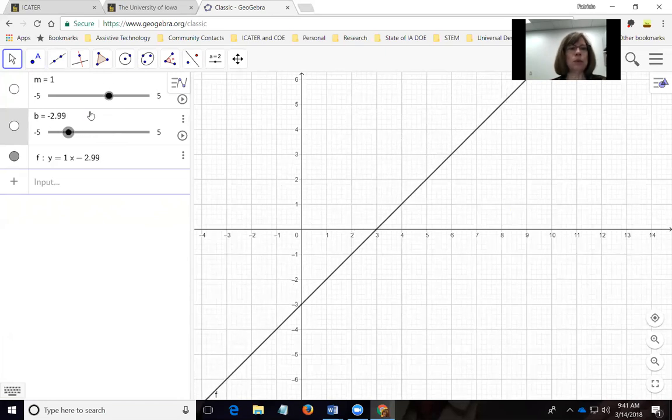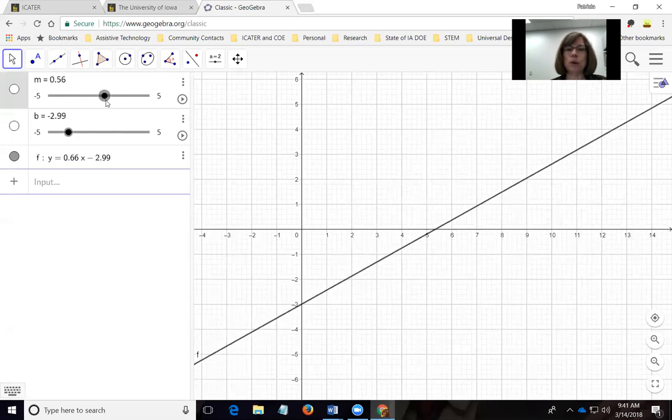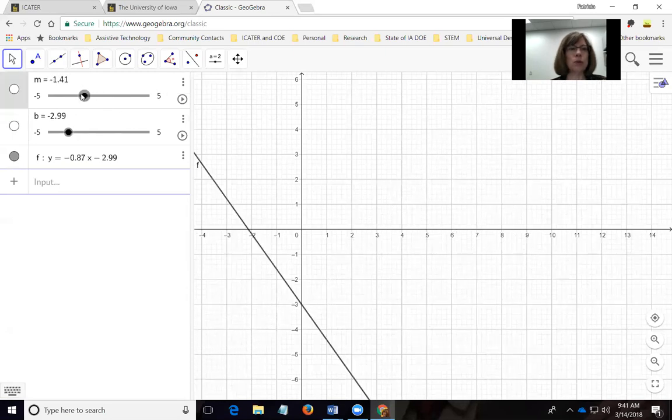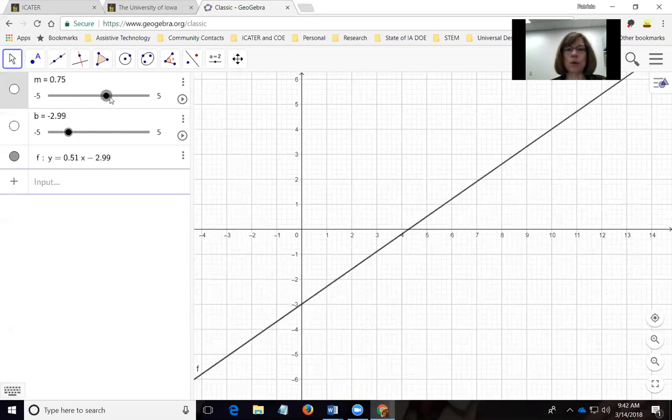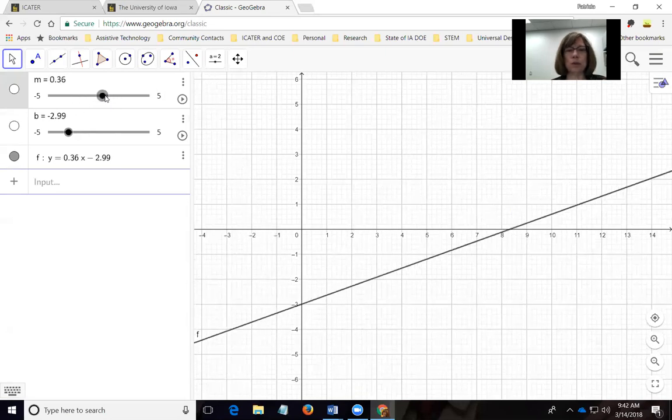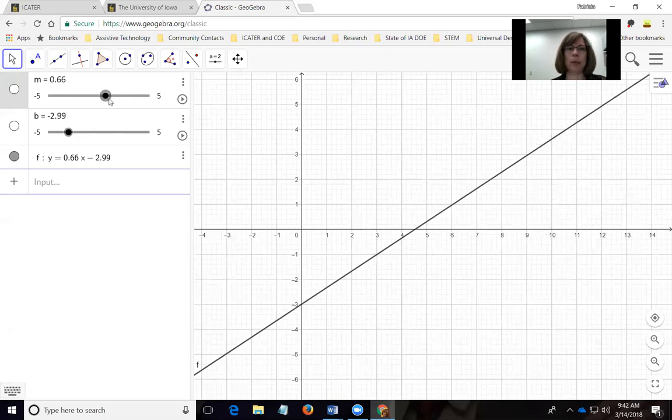And then this one's the slope. So this gives you an idea of what the slope does when you change it. I just think this is, you know, I'm an engineering major, so I just thought this was really cool.